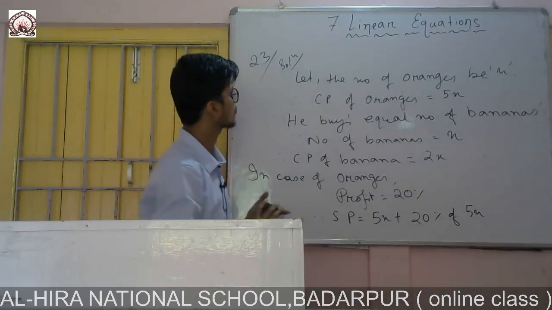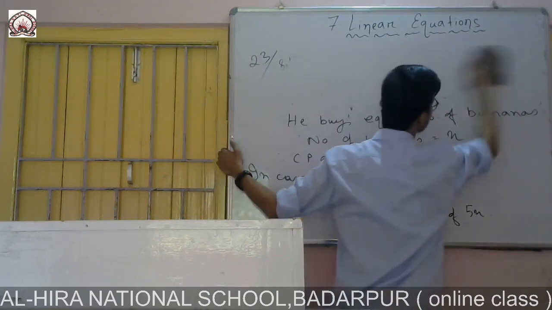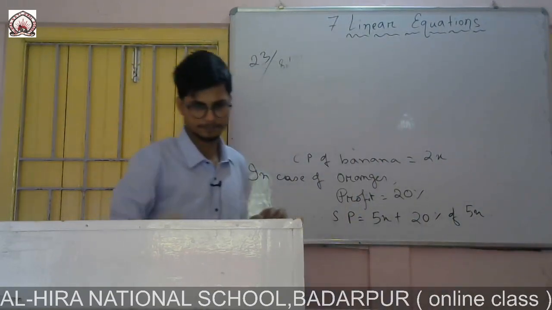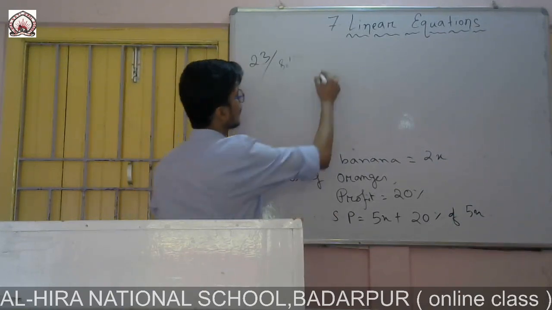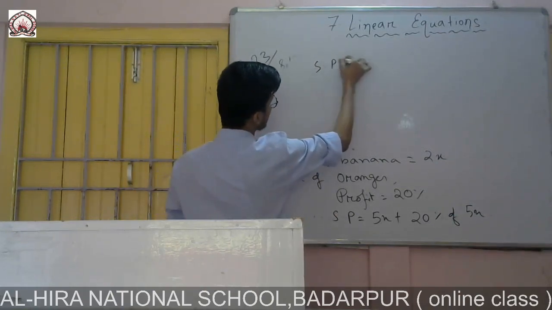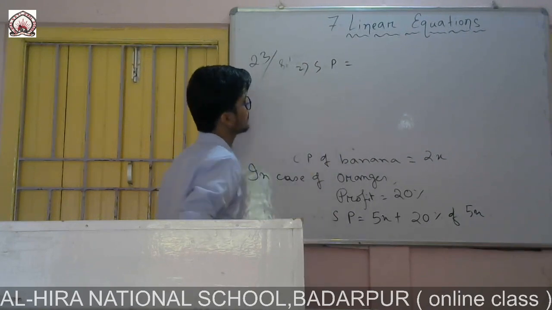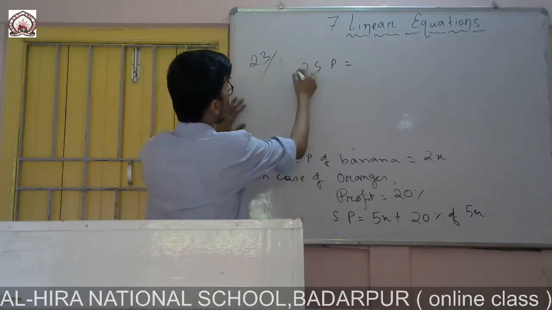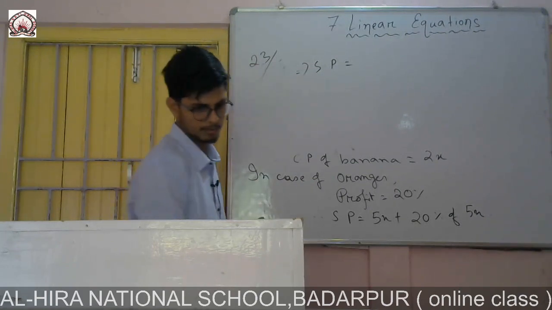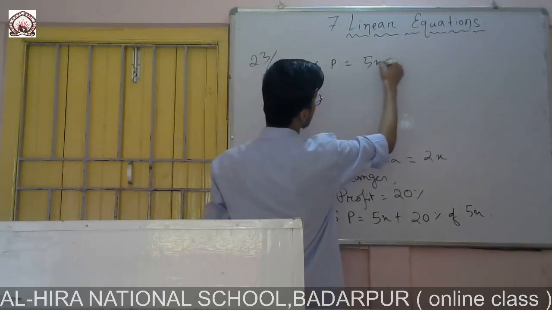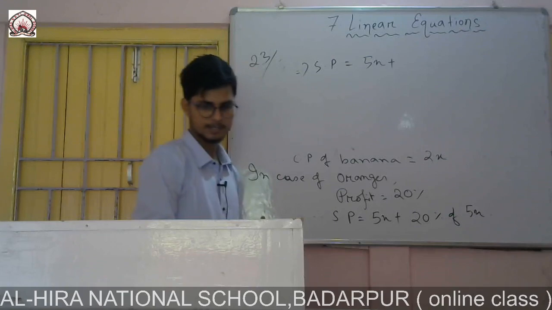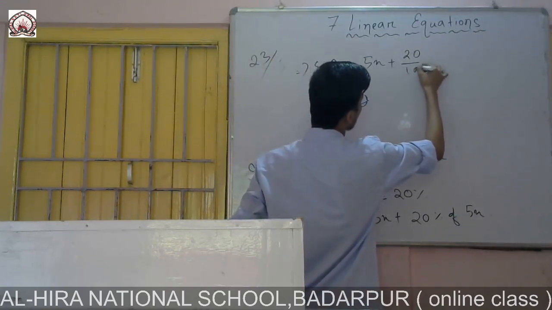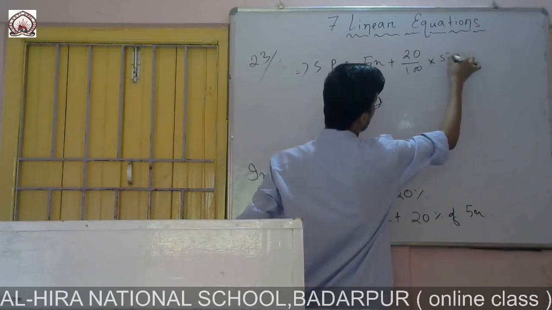Okay, now we will solve this one. Therefore SP will be equal to 5x plus 20% of 5x. 20% means 20 by 100, and of 5x.